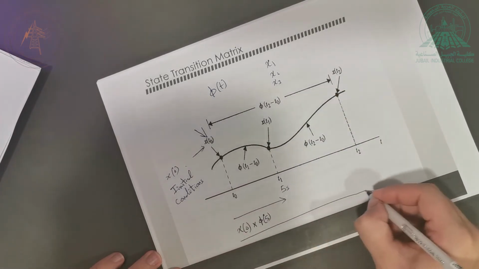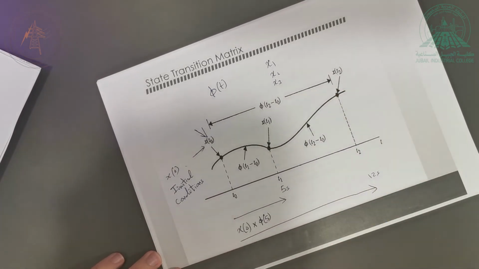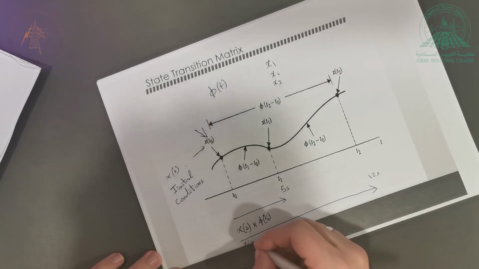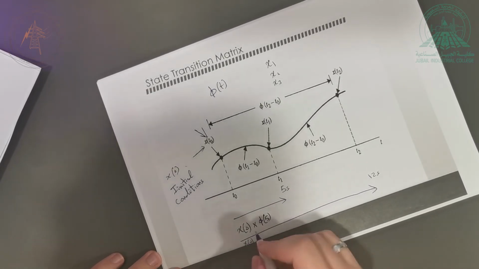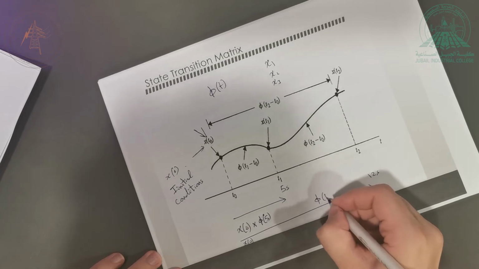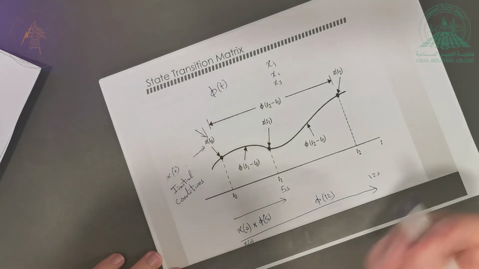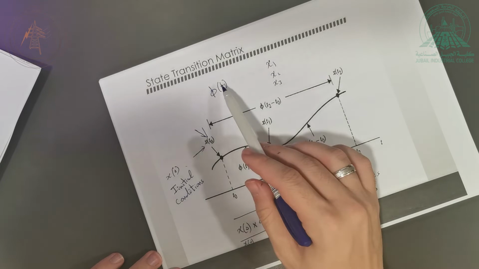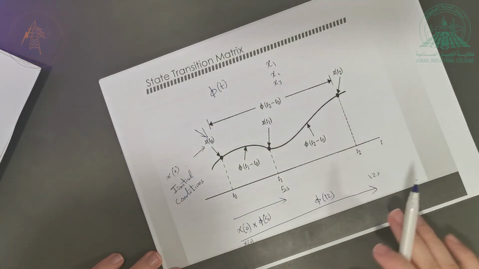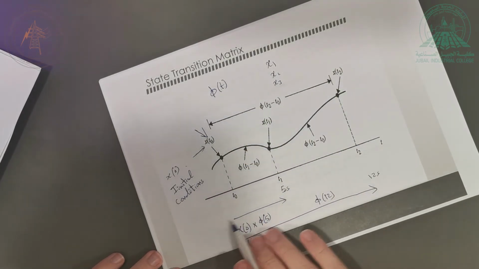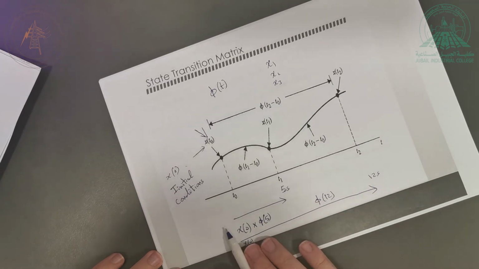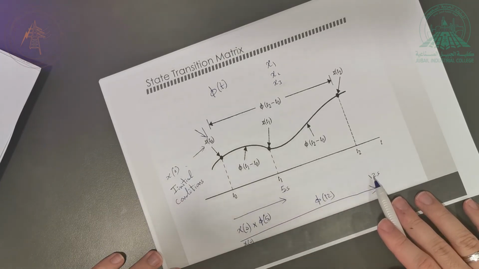But what if you want to find, for example, the values after 12 seconds? Again, you take the same initial conditions, x of 0, then you multiply them by phi of 12. So instead of substituting 5 for t, you substitute 12. So you move the initial conditions of the states of the system to any point in time that you need.